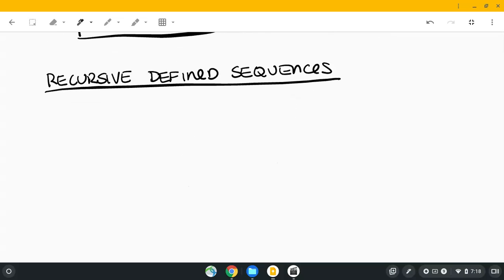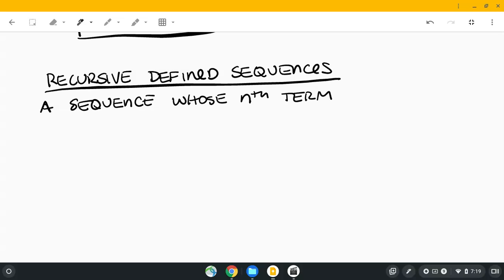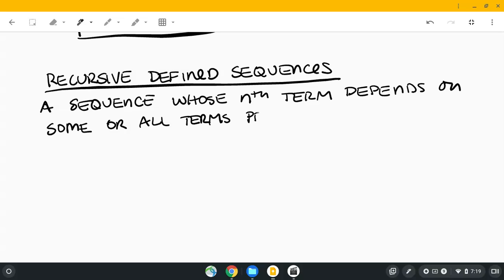Okay, so a sequence whose nth term depends on some or all terms preceding it.